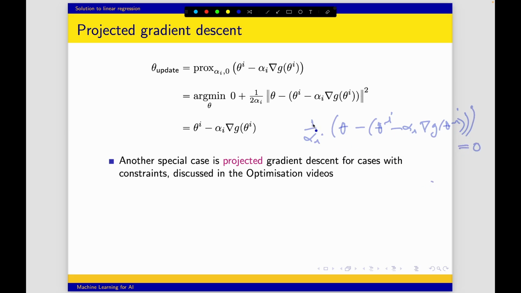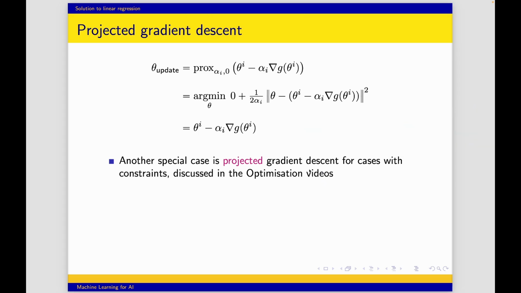So this obviously disappears, and we get theta equals theta I minus this, which is exactly gradient descent. So h equals 0 reduces nicely to gradient descent. Another special case is projected gradient descent, which I'm not going to discuss here. You can see what that means in the optimization videos, and that's for constrained problems anyway.